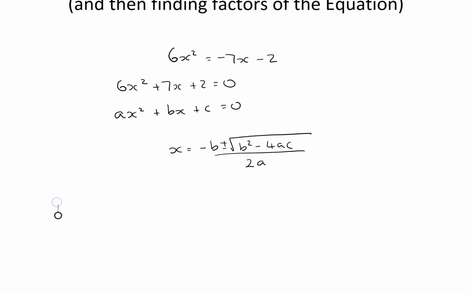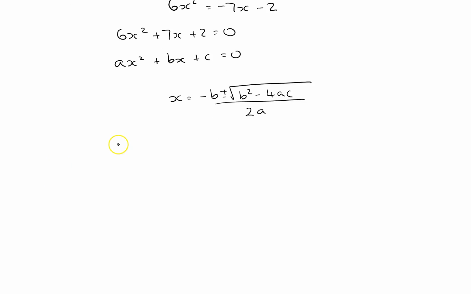So now we simply compare our coefficients. So we have a is equal to 6, it's the coefficient of x squared. b is the coefficient of x, so b is equal to 7. And c is equal to 2.